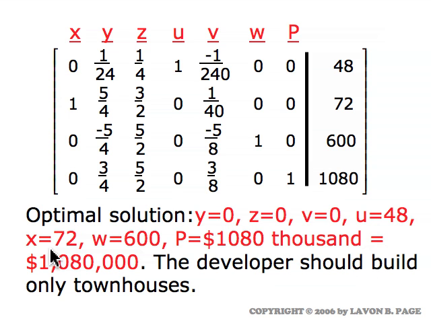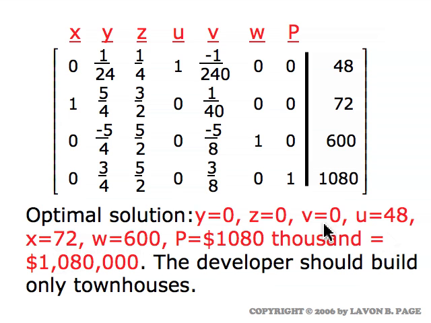That's consistent if you think about it, because building 72 townhouses, since they take only 1/6 of an acre each, means 72 townhouses would take only 12 acres of the 60 available acres, so that would leave 48 acres undeveloped, or at least not being used for houses.